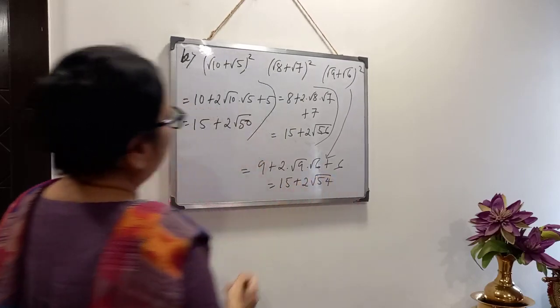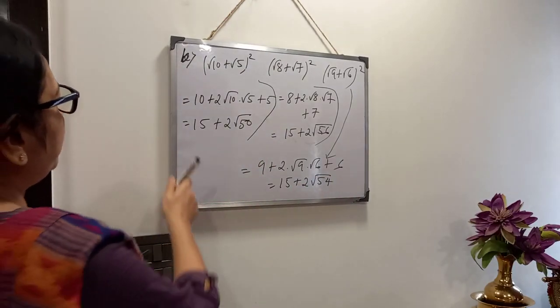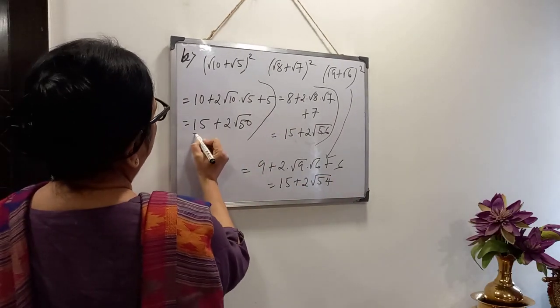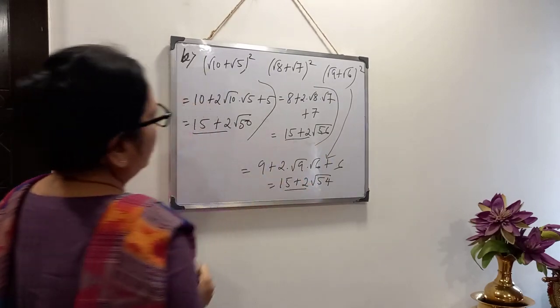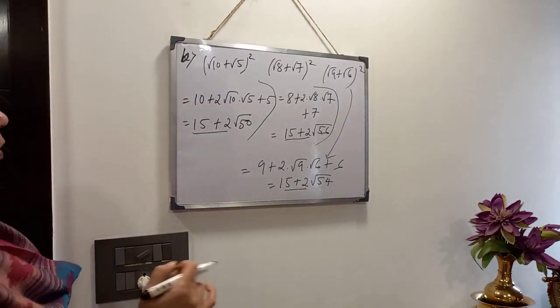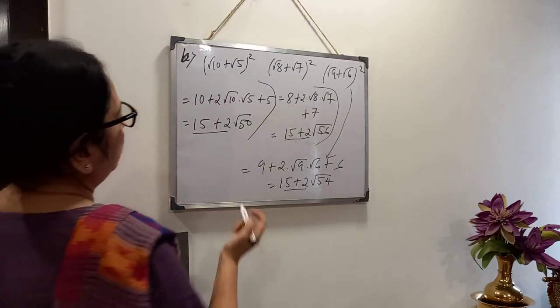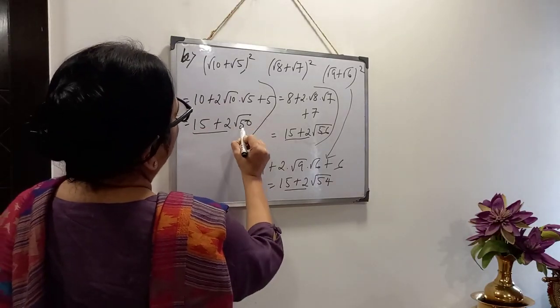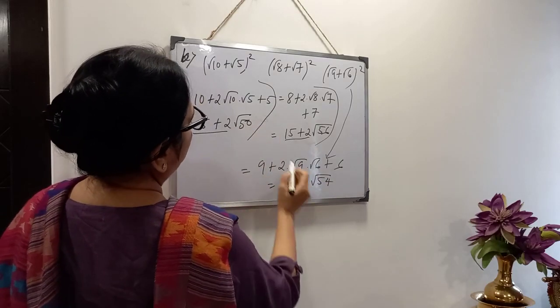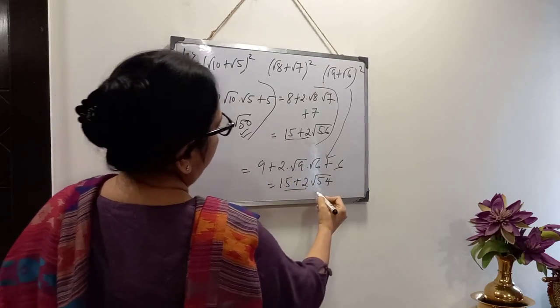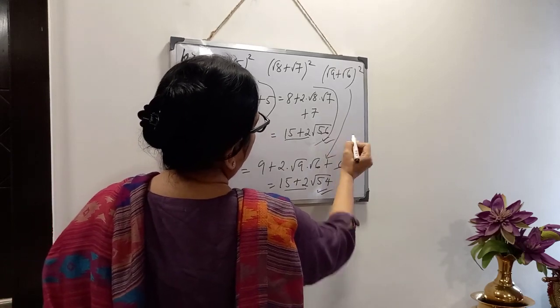Now see, in these three terms, 15 plus 2, up to this it is the same. Now we have to compare which one will come first, second, and third. So you see, root over 50, root over 56, root over 54. Which one is the smallest? This one. Then second, this one, and third, this one.